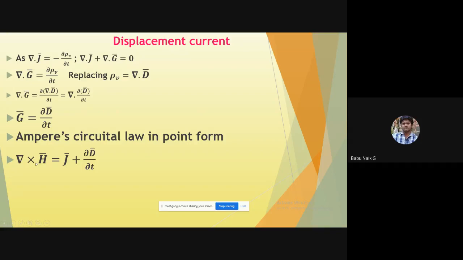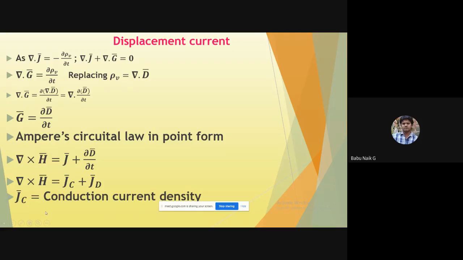From Ampere's circuital law, del cross H is equal to the conduction current density as well as the displacement current density, which is ∂D/∂t. So we can write it in a similar way: conduction current density plus displacement current density, with notation Jc plus Jd, where Jc is the conduction current density and Jd is the displacement current density.